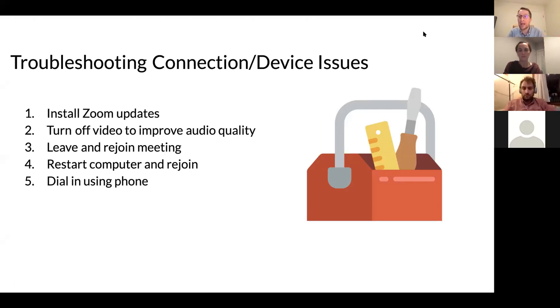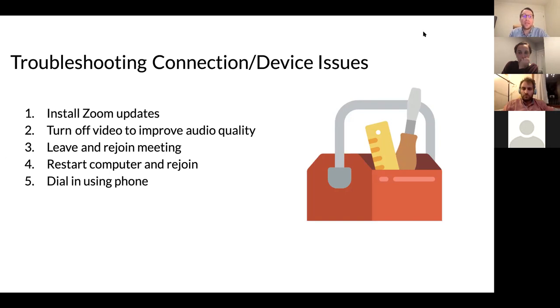Usually when you launch the app too, it'll say if there's new updates that you need to install, but it can help sometimes when you're sharing the link with students to warn them that they may want to install Zoom updates if they haven't used Zoom in a while, or maybe haven't run some updates.